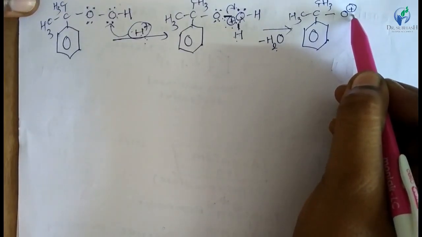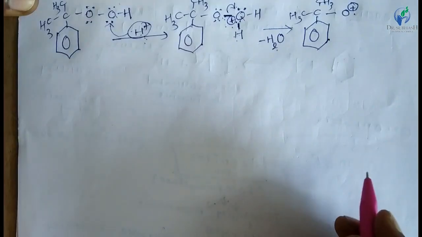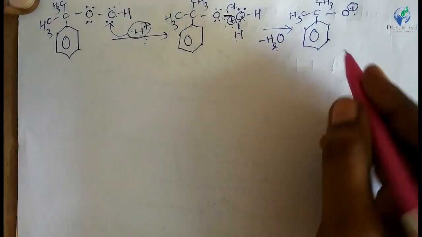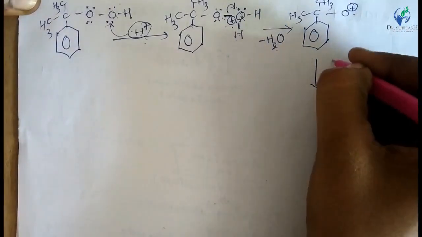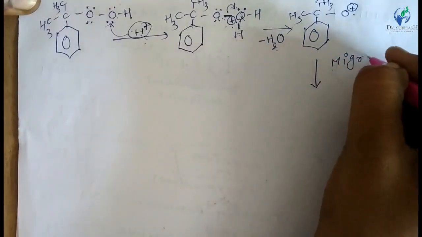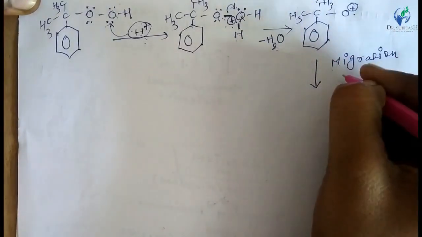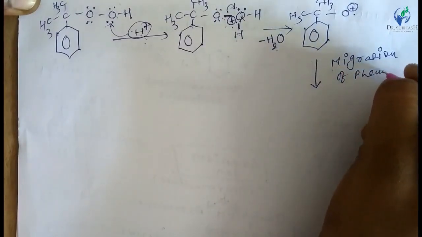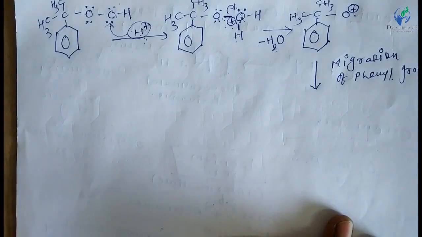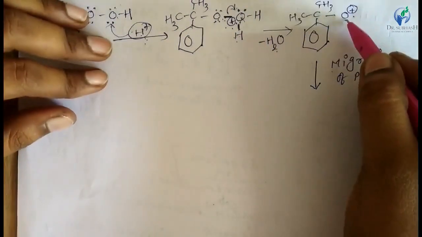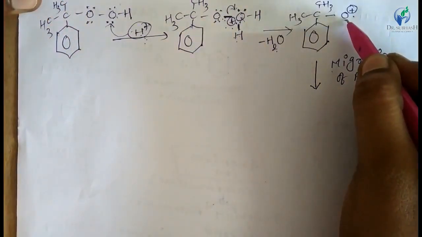Now the next step is the rearrangement or migration of the phenyl ring. Next step is the migration of the phenyl group, right? Now here again oxygen has the positive charge, that's why it becomes unstable and tries to become stable, right?